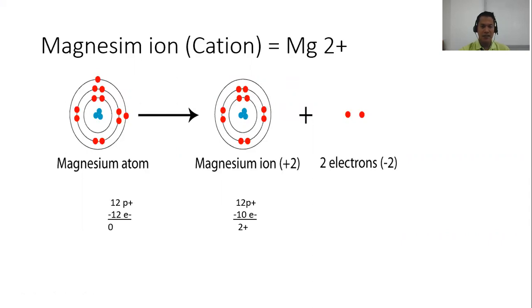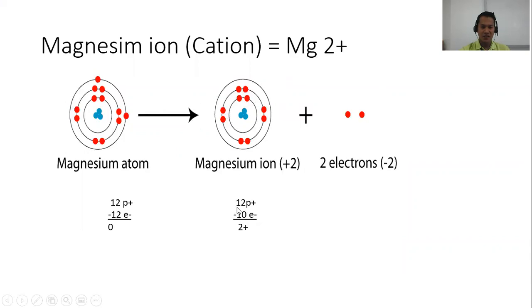Okay? So now I have 12 protons and I only have 10 electrons. So how much is left? 2 plus. This here will be given away, and now I have Mg2 plus.